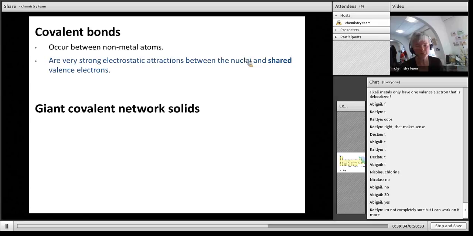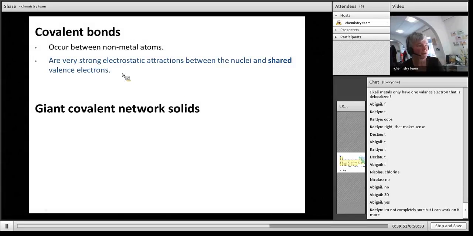So it's still a positive and a negative, that's why it's electrostatic, but it's between the nuclei and the shared electrons. So if I've got 2 atoms in a covalent bond, both nuclei are competing for those shared electrons.